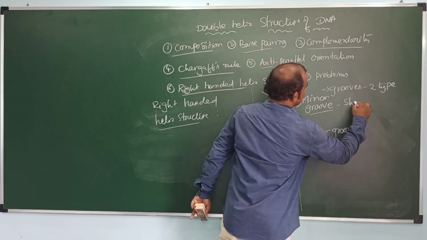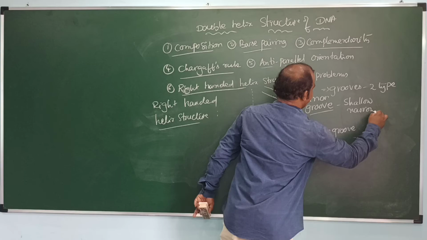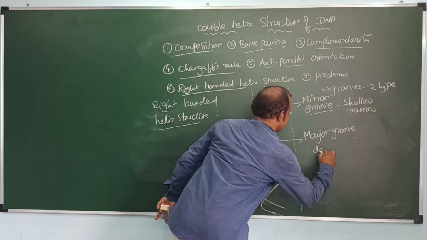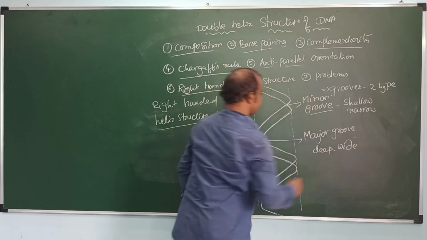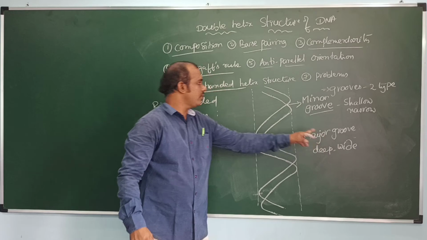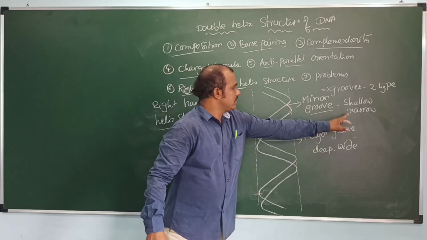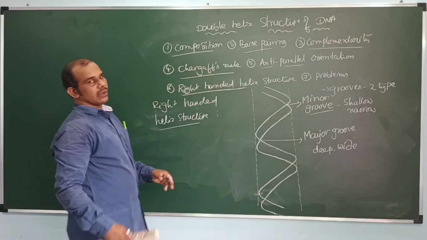This is shallow and narrow. This is deep and wide. The deep wide groove is known as major groove. The shallow narrow groove is called minor groove.